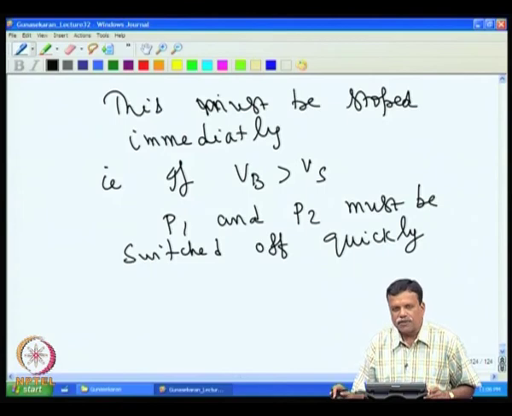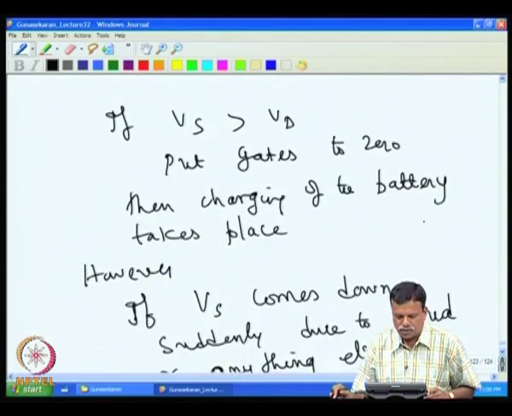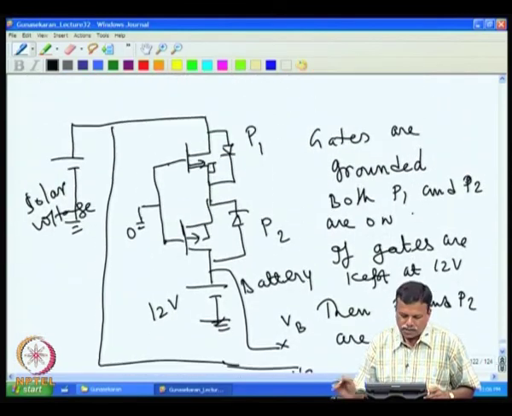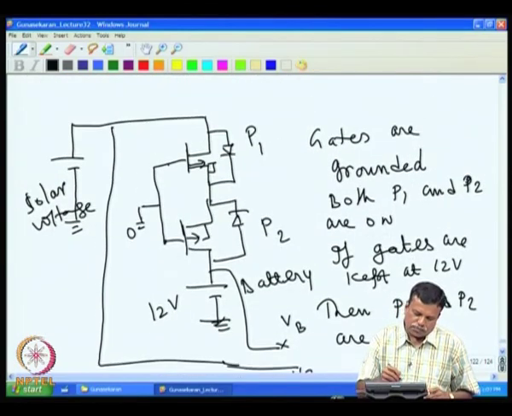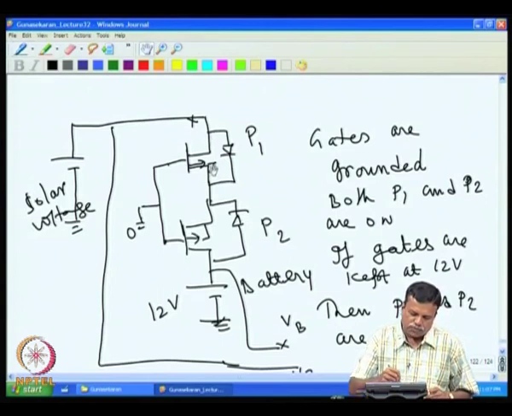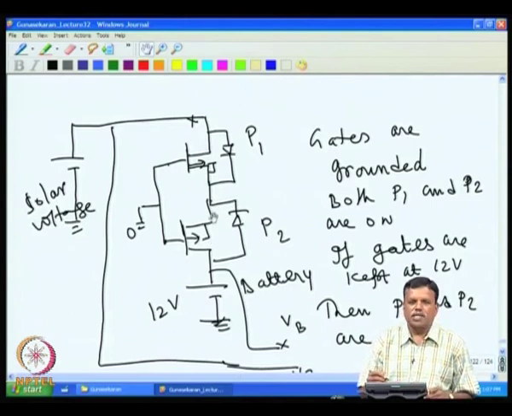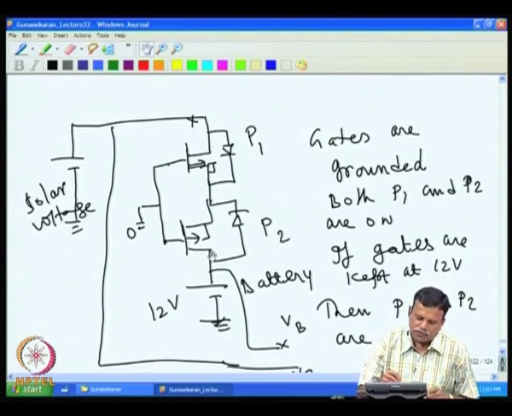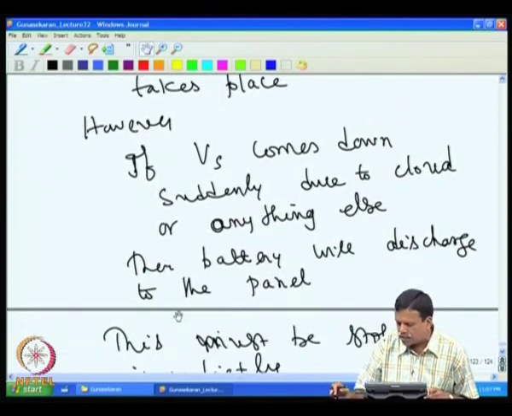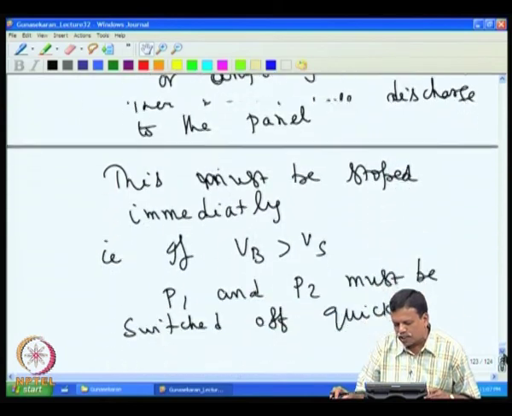In fact, in real life, once P1 and P2 are on, the panel voltage actually starts charging the battery. While charging, the resistance across this and across this is small, a few milliohms each, and if the charging current is 1 ampere, you will have a difference of only 40-50 millivolt between panel and battery, because a solar cell has a characteristic that as you draw more and more current, the voltage decreases.